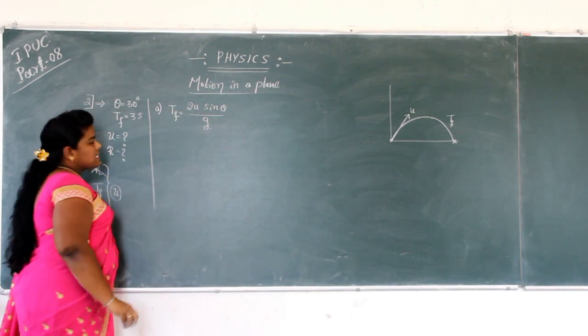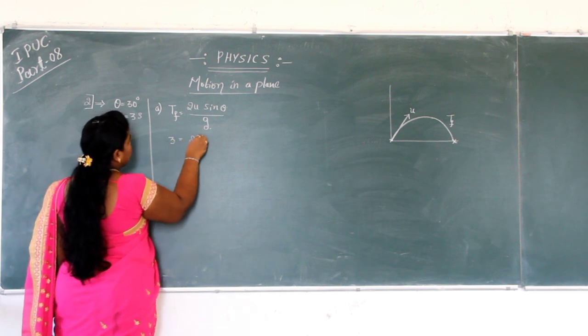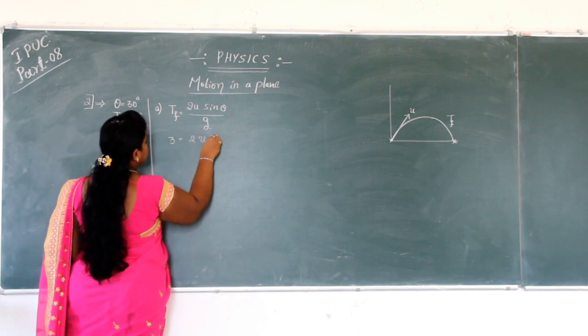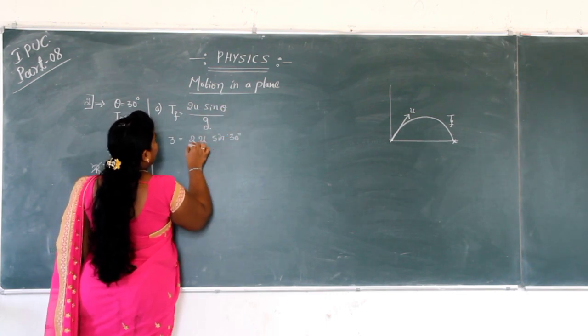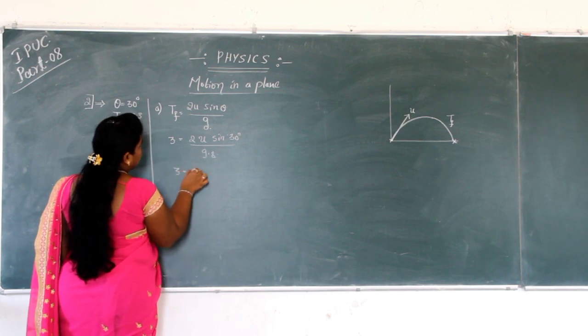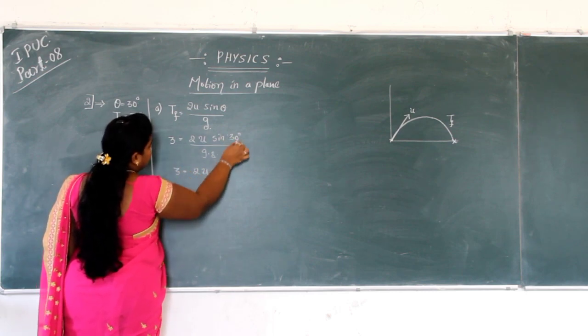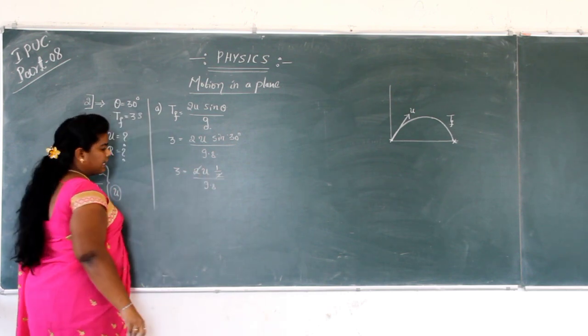Yes. What is TF? TF is 3. What is U? Don't know, just keep as it is. And theta is 30 degree, divided by G which is 9.8. 3 is equal to 2U sin 30, which is 1 by 2, divided by 9.8. So the 2s cancel with each other.